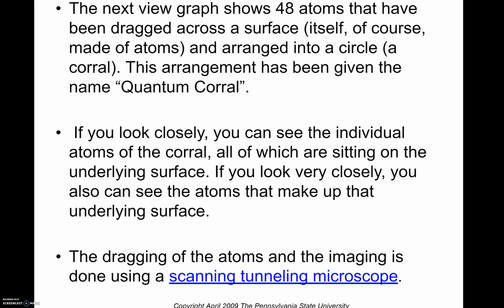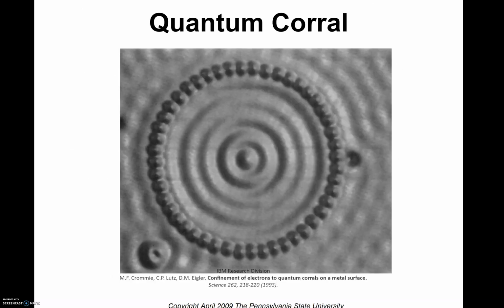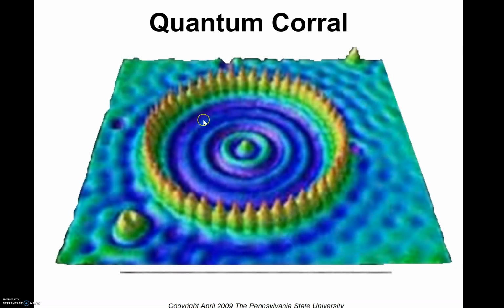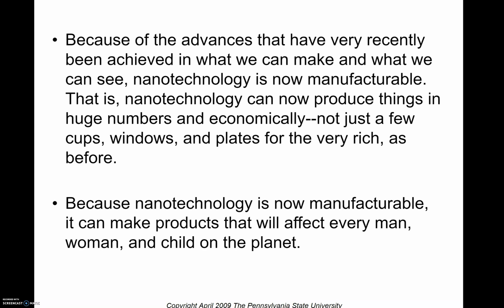And this was done using an instrument called the scanning tunneling microscope. So here's a picture of the quantum corral, and each of these bumps here is an atom. And there's another image of it. Hopefully we'll get into a little bit on how some of these images are made.